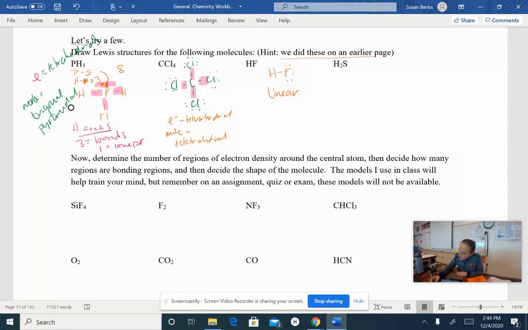All right, hydrogen sulfide. I have sulfur in the middle, and I have the 2 hydrogens, and then I have a lone pair on top and a lone pair on bottom. Now, this is one that gets kind of tricky. On paper, it looks like it would be linear, but let's check our chart.